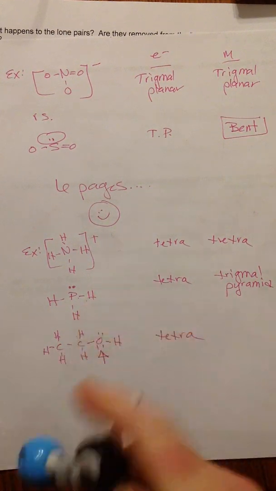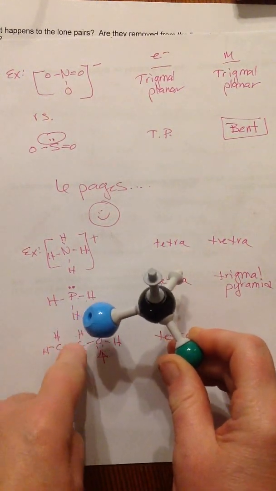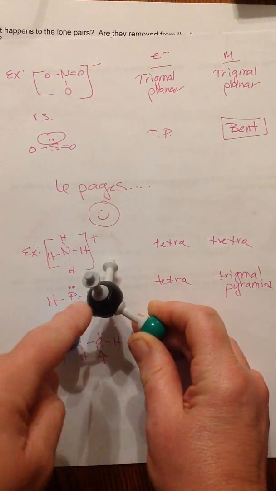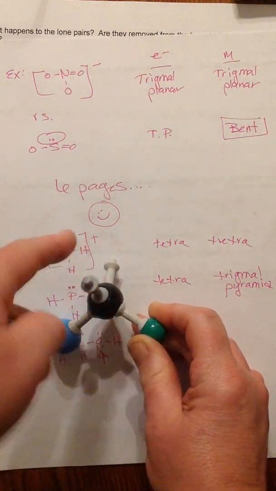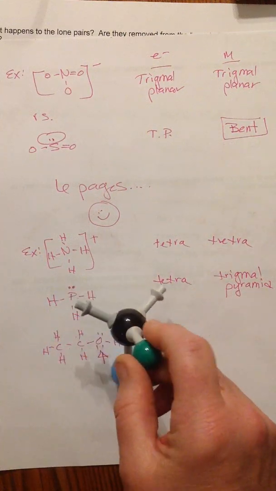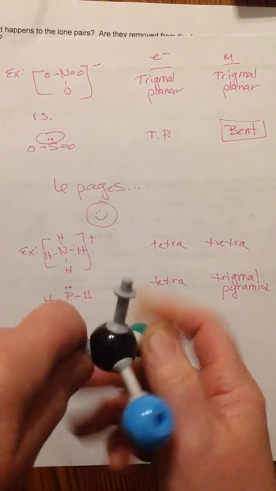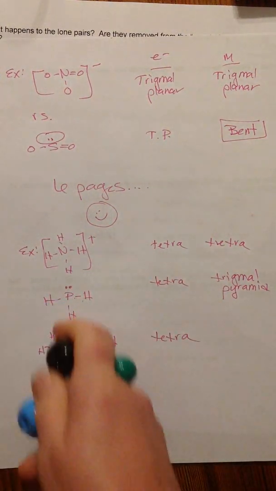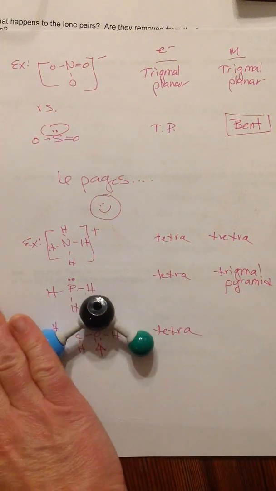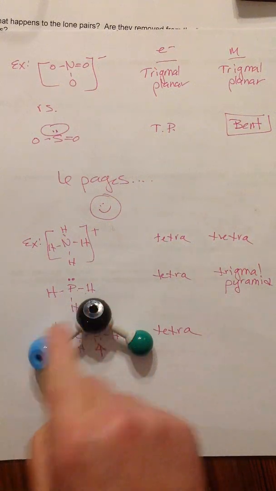Okay, so here's a model of this, and we're going to pretend that this blue piece is all this carbon stuff. Okay, so we've got all this carbon stuff, the oxygen, the hydrogen, and two lone pairs. So you can see that the electrons are still forming a tetrahedron. However, when we subtract out the lone pairs, the shape, and we're just looking right here at the oxygen, is still bent.